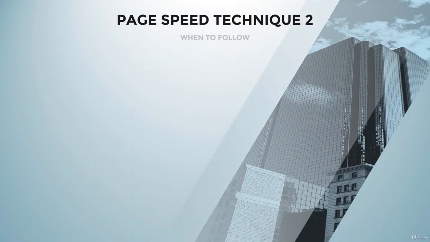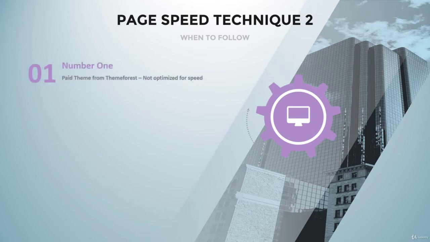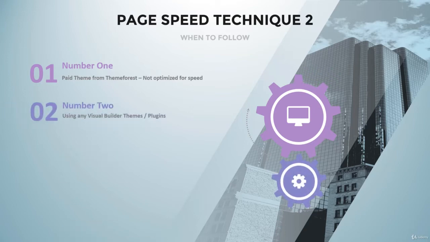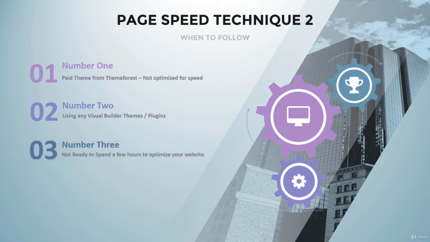If you're using a paid or free theme from Theme Forest or any other website that is not optimized for speed, if you're using any Visual Builder or drag and drop building plugins, if you're not ready to spend even a few hours to optimize your website, then this technique just takes less than 20 to 30 minutes based on your capabilities to follow.